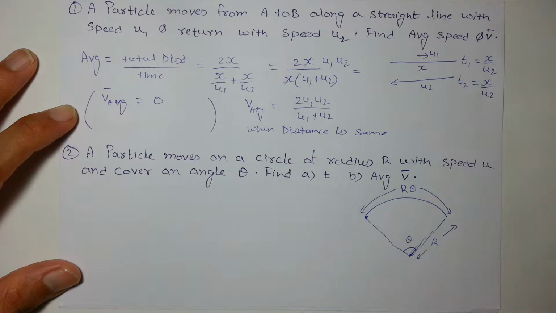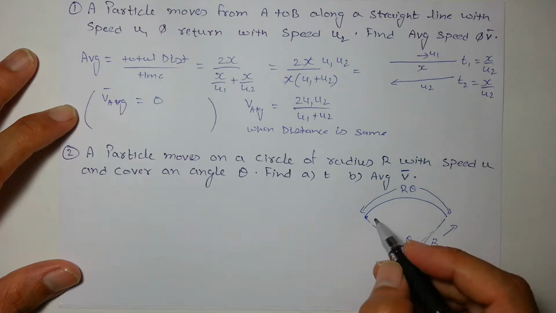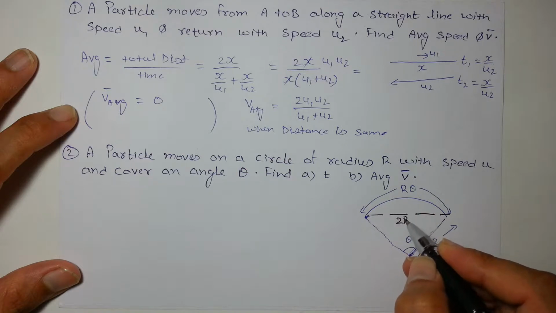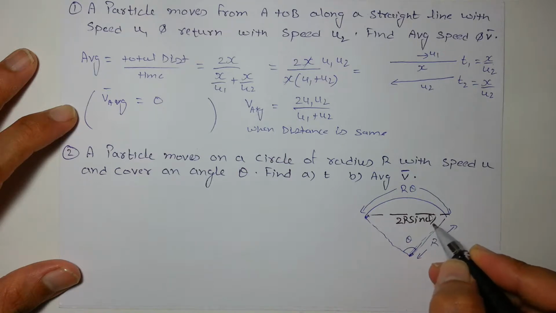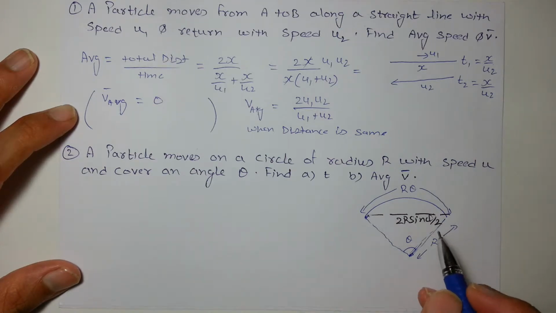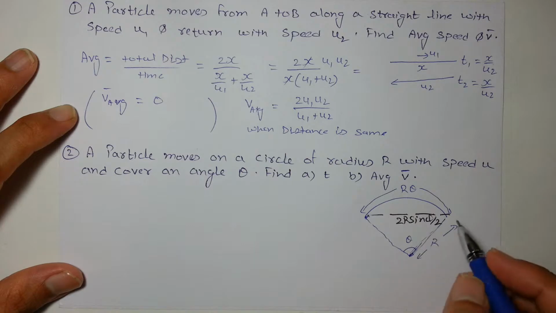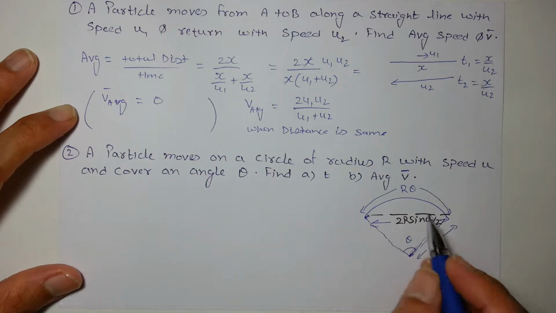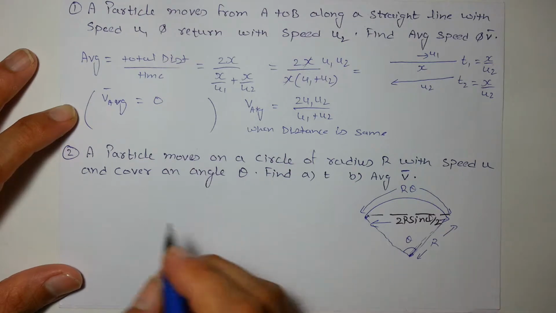But the displacement, this is the displacement. Displacement is 2r sine of theta by 2. Just use trigonometry and watch the previous video on distance and displacement, where I have elaborated this. So 2r sine theta by 2 is the displacement, r theta is the distance.